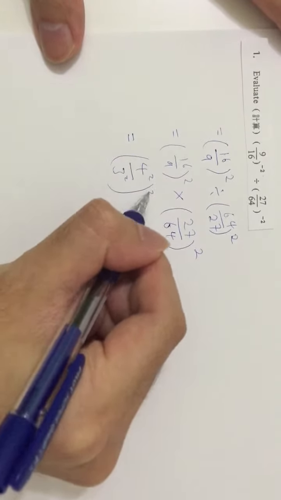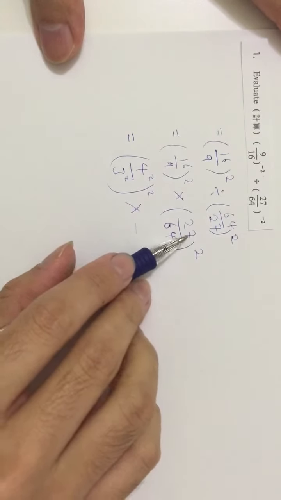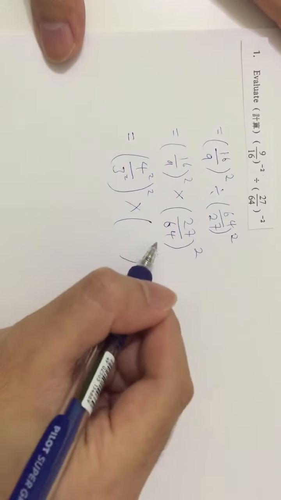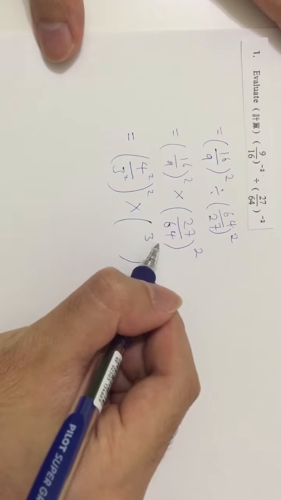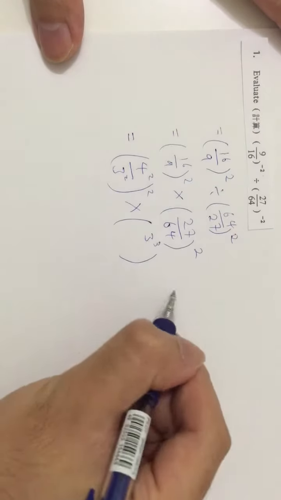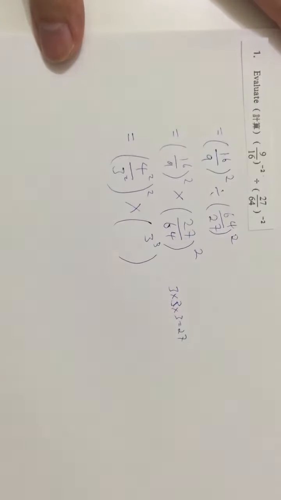So if we rewrite them in the simpler form, now 27 is a factor of 3. We can rewrite 27 as 3 to the power of 3, because 3 times 3 times 3 is 27.